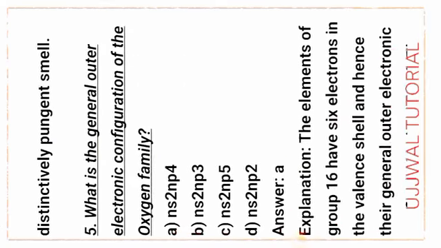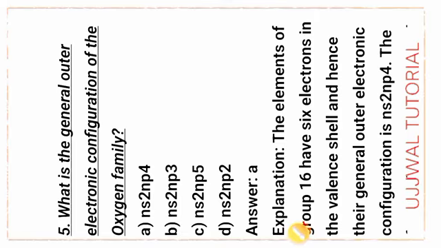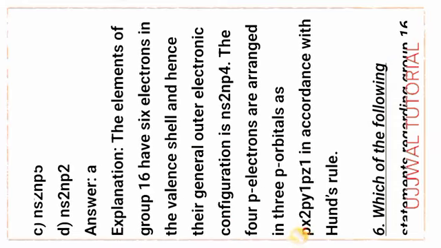Question number 5. What is the general outer electronic configuration of the oxygen family? That is option A, ns2np4. That is, the outermost shell has 6 electrons. To explain this part, the elements of group 16 have 6 electrons in the valence shell, and hence their general outer electronic configuration is ns2np4.